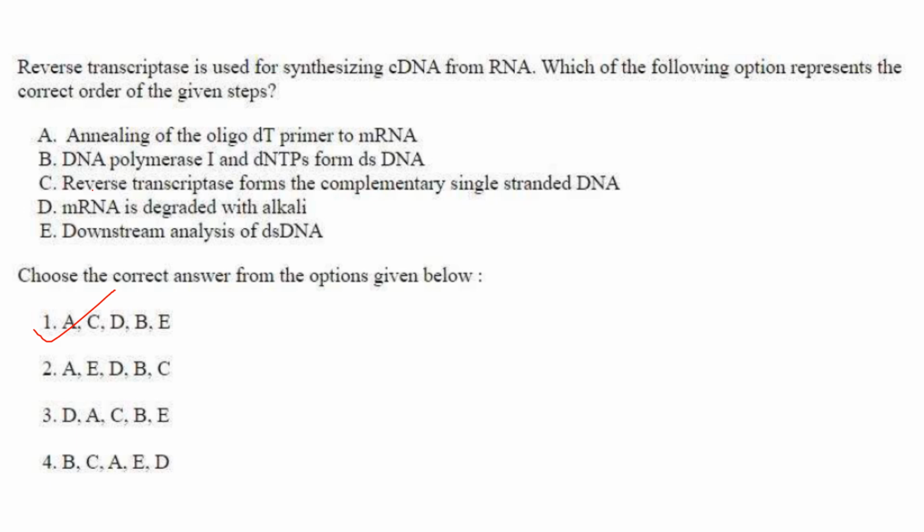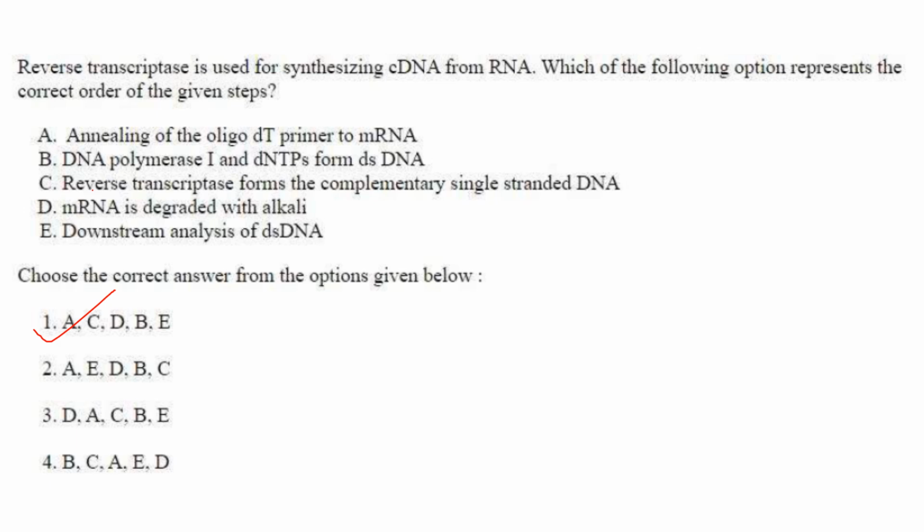So first one will be annealing of the oligo-dT primer to mRNA, A. Then after annealing, you use the reverse transcriptase to form cDNA. Then you get an RNA-DNA hybrid, in which you have to degrade the mRNA.